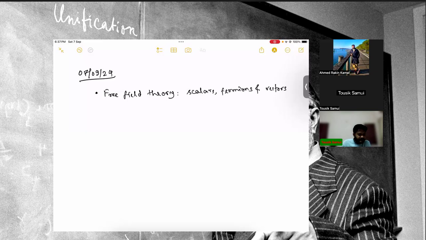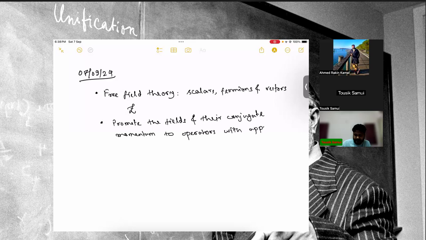Okay, in this we have some Lagrangian, and then we try to quantize the theory. Quantizing means that we promote the fields and the conjugate momentum to operators with appropriate commutation relations.